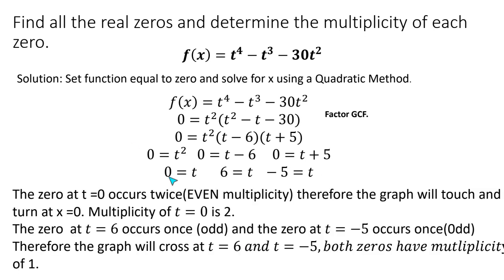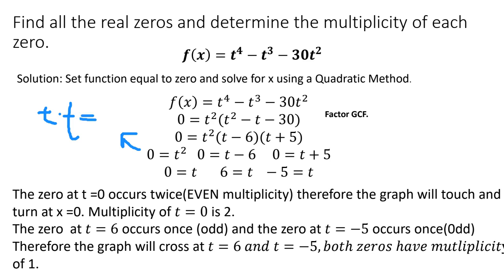So we get t equals 0, t equals 6, and t equals negative 5. The degree is 4, so that means we should have 4 zeros. I only see 3, but remember that when we have t squared equals 0, that's the same as saying t times t equals 0.